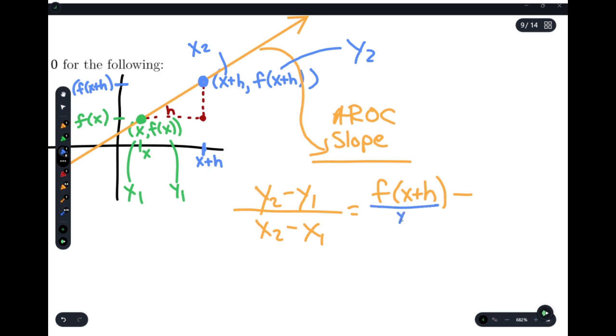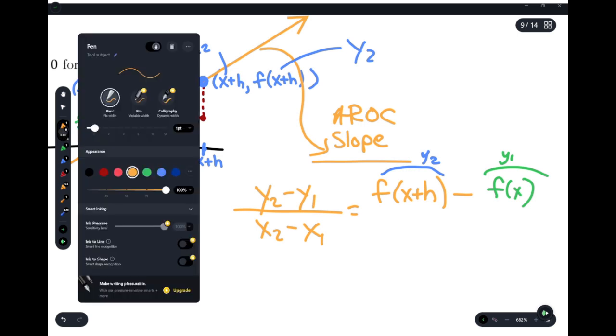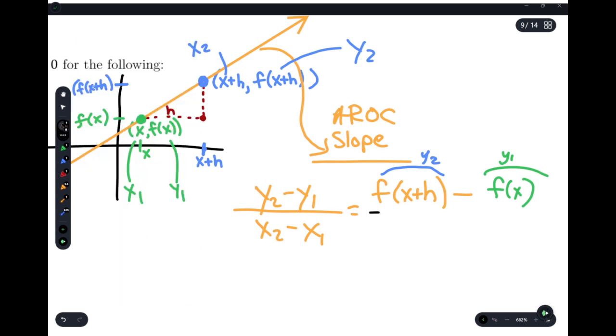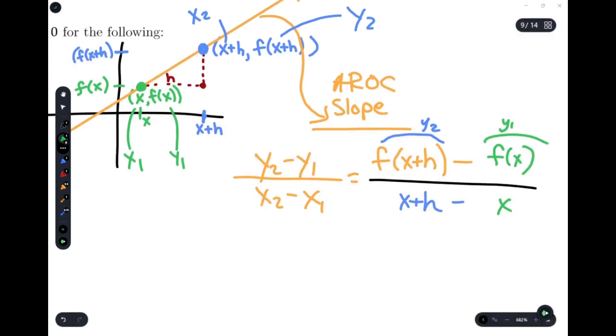That's y2. I'll do it on top so it's a little prettier. Minus y1, which is just f of x, all divided by x plus h minus x, which once you get a little canceling happening, you end up with your pretty formula.